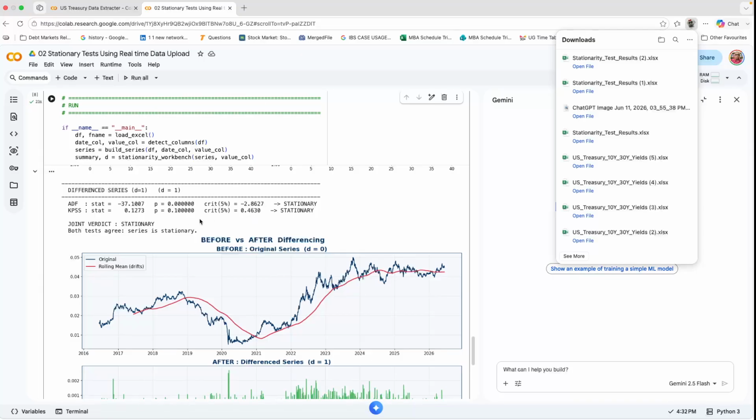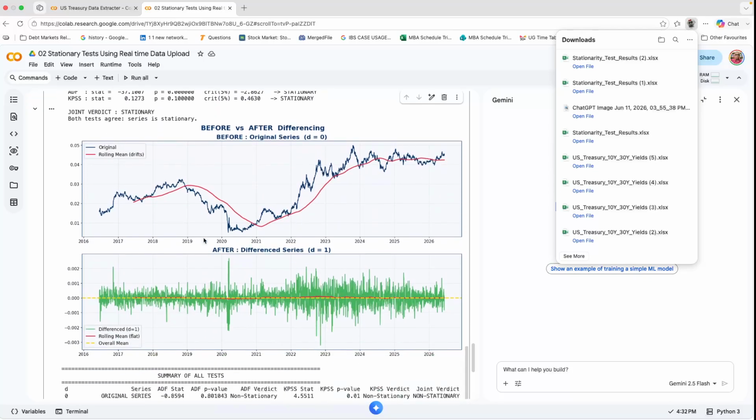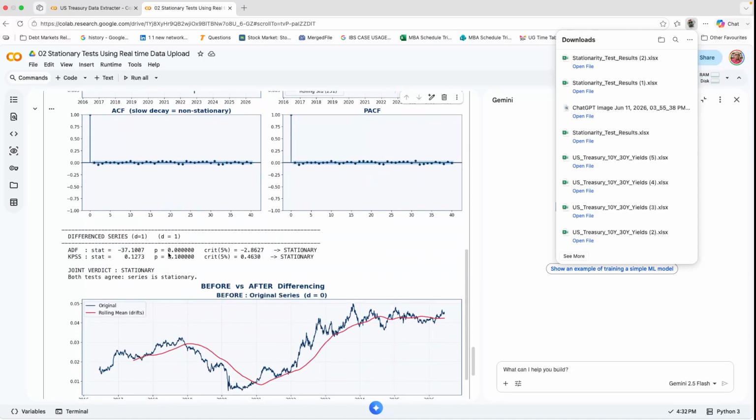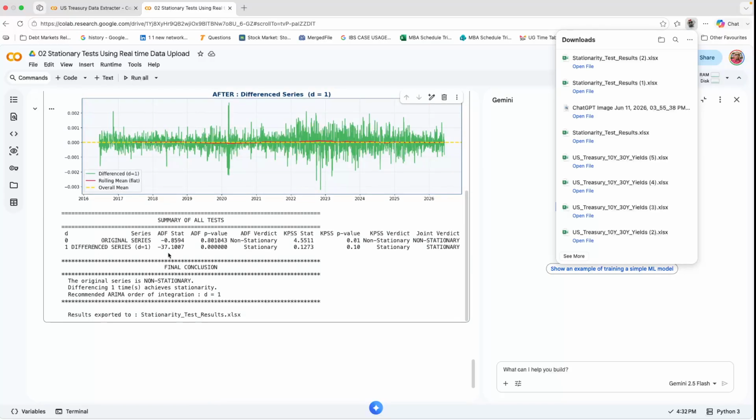Similarly, in the KPSS test, it is greater than the critical value, again stationary. So through visualization and all the other methods, we clearly proved that the original data, which was non-stationary, became stationary after differencing once.